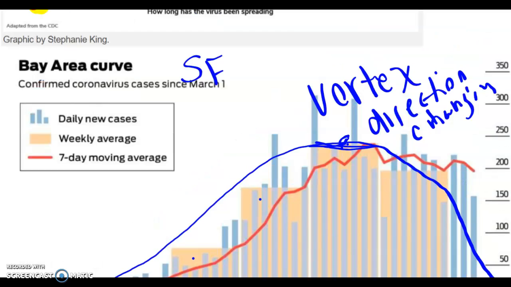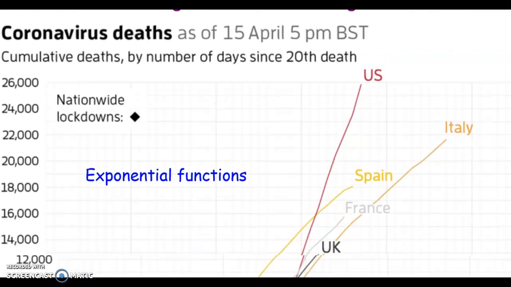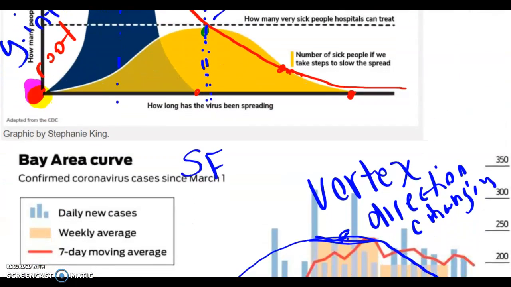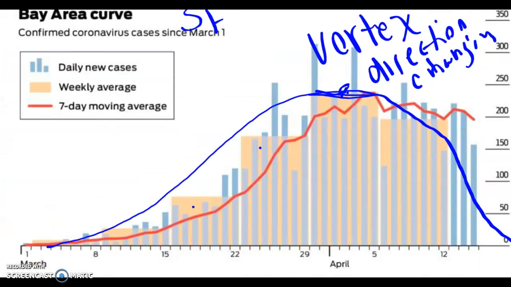So we started out with an exponential. By the time this is over, we should be seeing that quadratic curve where there is a direction change. The main thing for you to understand about quadratic functions is they reach a peak either at the top or at the bottom, and they change directions.